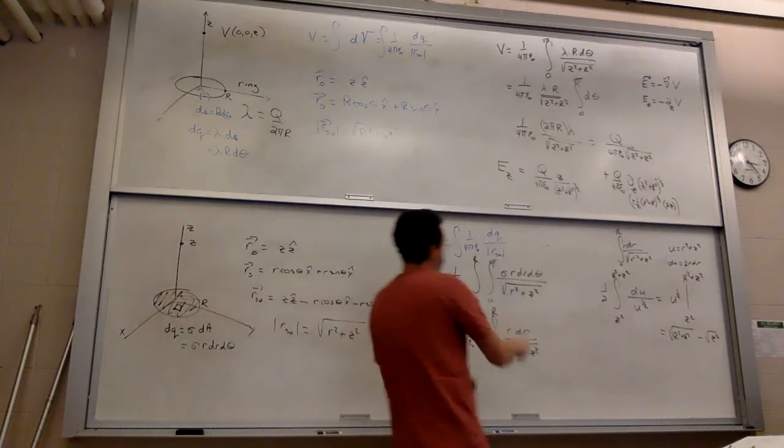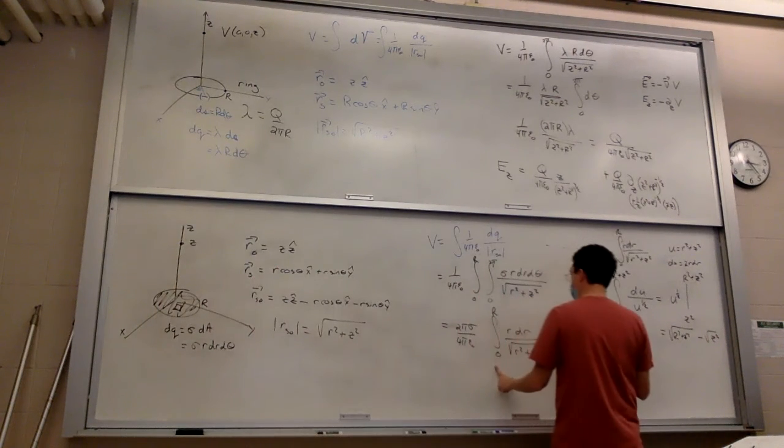So now I just pull it together and get my answer. I can write it as 2 pi sigma over 4 pi epsilon naught.